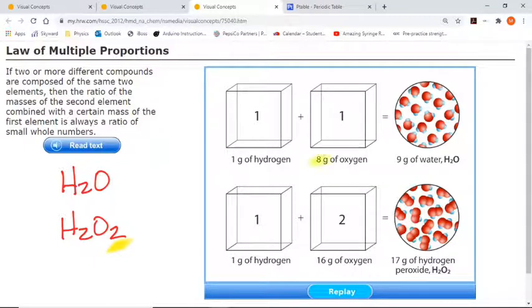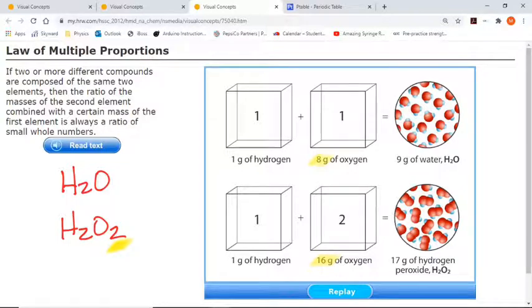And when you look at those numbers over here, based on mass, that is also true. So the same two elements, the ratio is different, and you get two different compounds. So same elements used multiple ways.